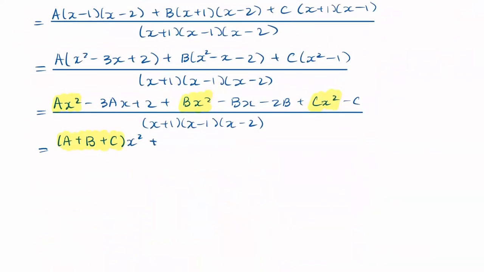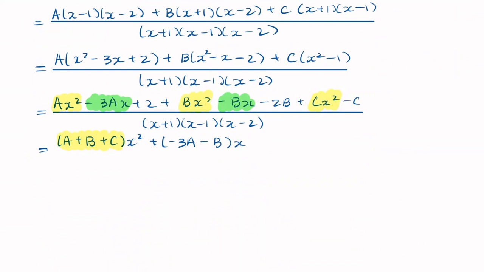So for example, the x term, we could have the negative 3ax, you have the negative b, and that's all. So we're going to have the negative 3a minus b times x.